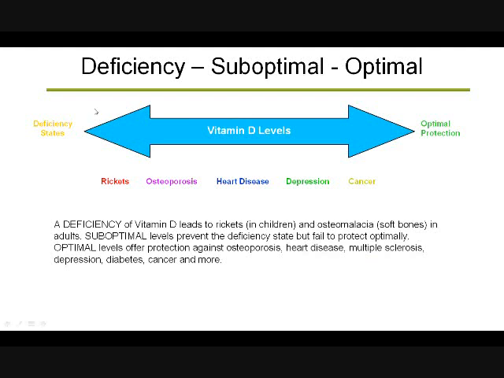There's a deficiency state over here, and a little vitamin D will prevent rickets, but a little more will prevent osteoporosis, and a little more heart disease, and a little more will prevent depression, and optimal protection can prevent colon cancer and some other forms of cancer. So we want to get that vitamin D level up into the optimal range, which we know to be 50 to 80, not 30. And remember, under 10 is rickets.